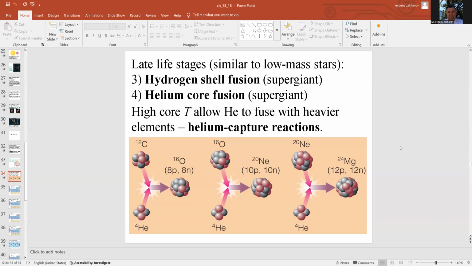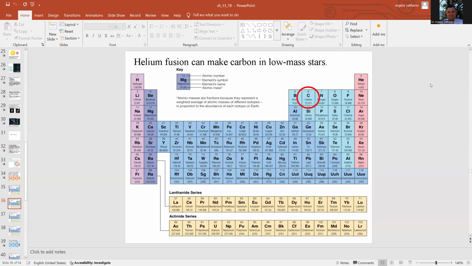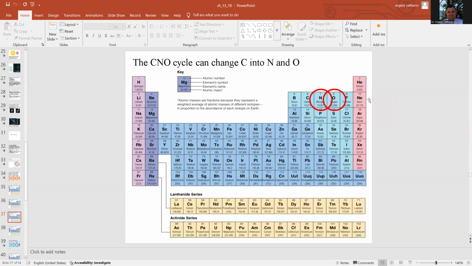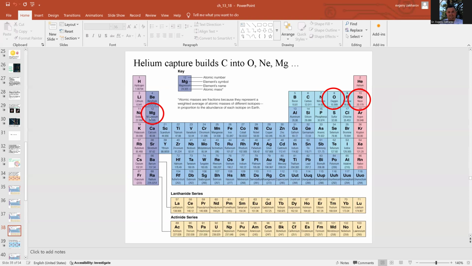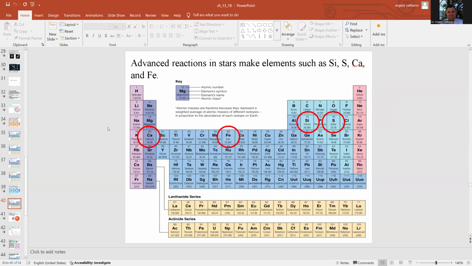So high mass stars are capable of going through all of those reactions. That's the main difference. You start with hydrogen and helium. And then carbon is the dead end for low mass stars. And nitrogen and oxygen, neon, magnesium, and all the way to iron.